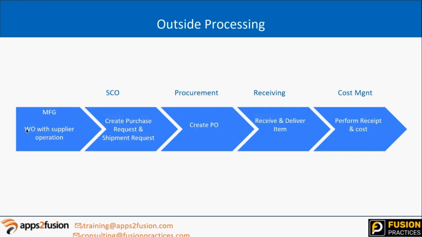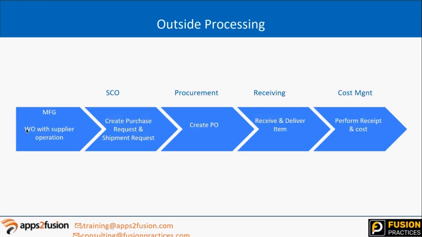At what point of time will this purchase order and shipment request be created? Do you know at what event it will get created? Is it when an operation moves to that, or when you create or release the work order? At what point of time will these two things be generated, and what are the options? At the operation. Suppose the third operation is a supplier operation.